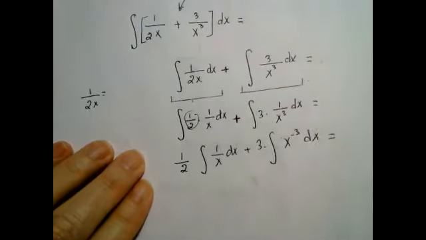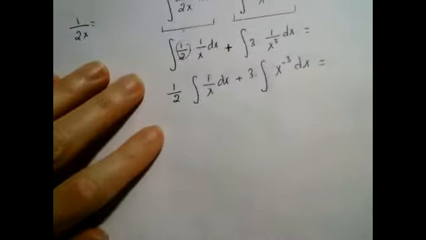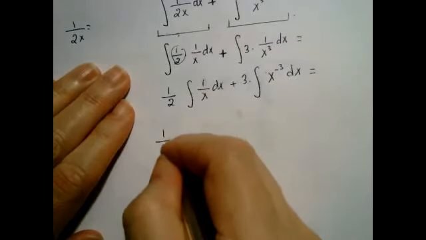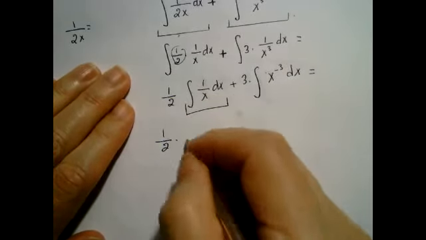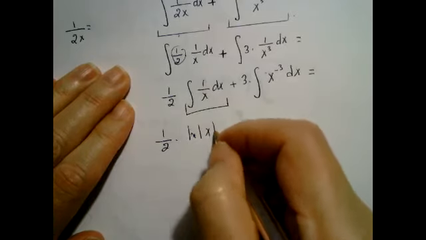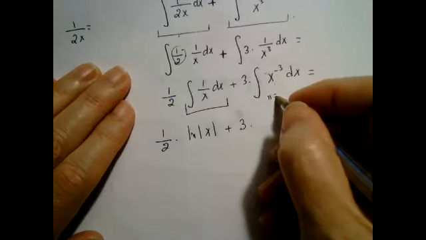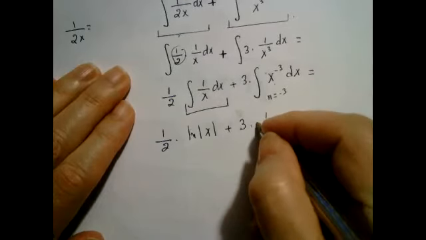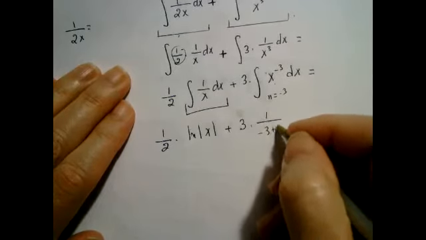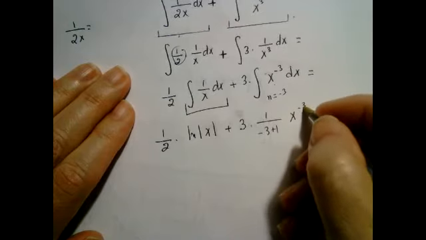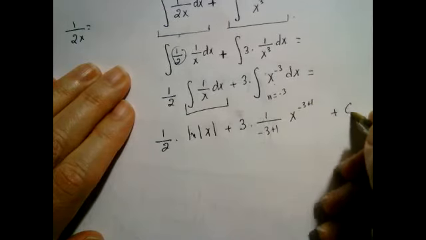Now I am prepared for everything. There is nothing more than connecting stuff. So that's the ln. And in this one, n is minus 3. So I am very safe. So it's 1 over minus 3 plus 1, x to the minus 3 plus 1.